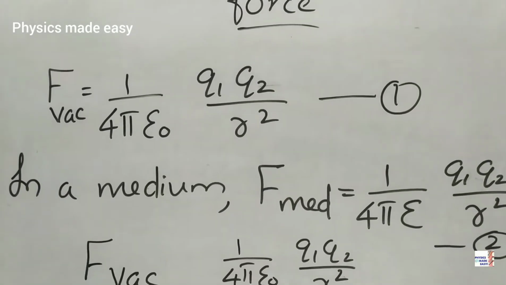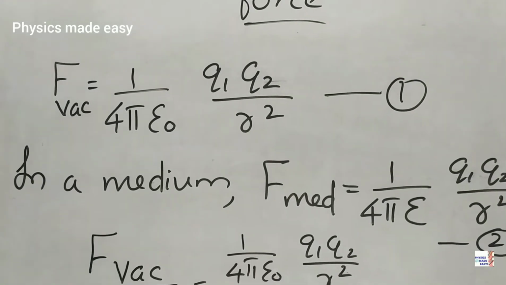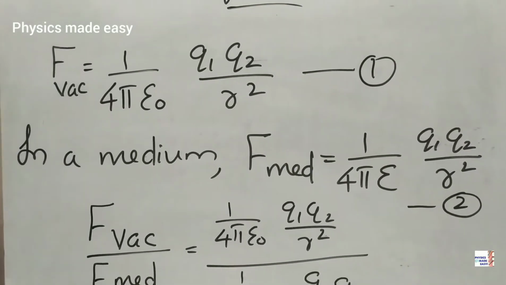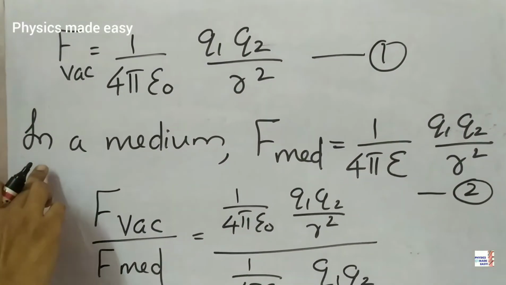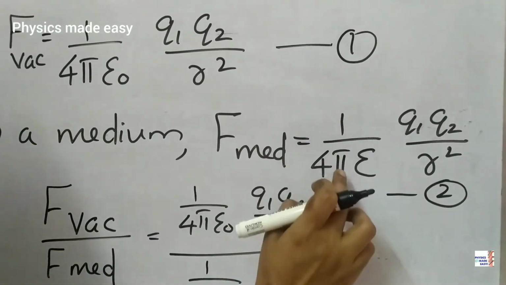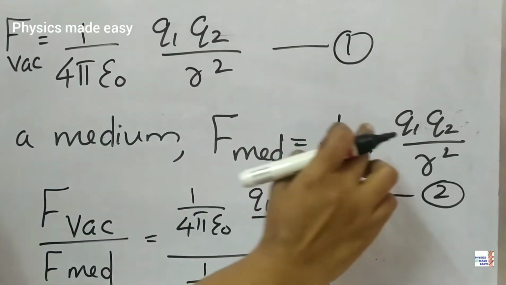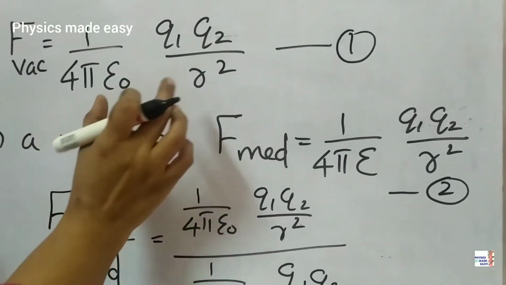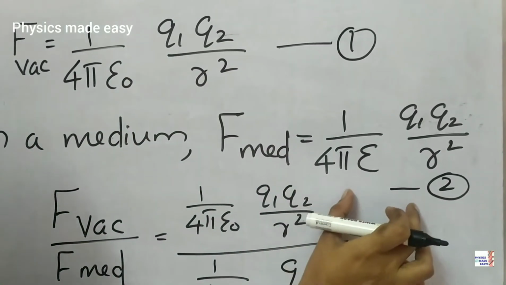Then if you are considering charges placed in a medium separated by the same distance R, we can write that equation as F medium equal to 1 by 4 pi epsilon into Q1 Q2 by R square. We can take this as the first expression, then this is the second one.